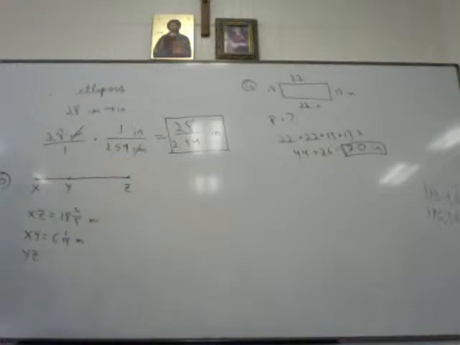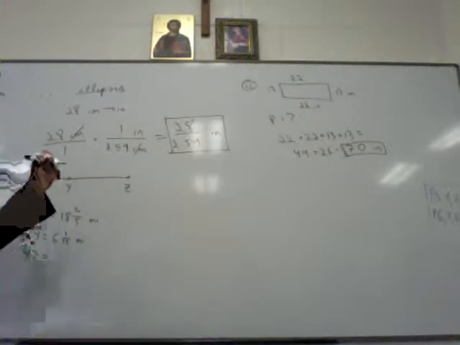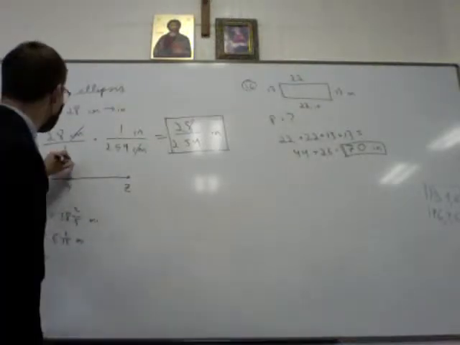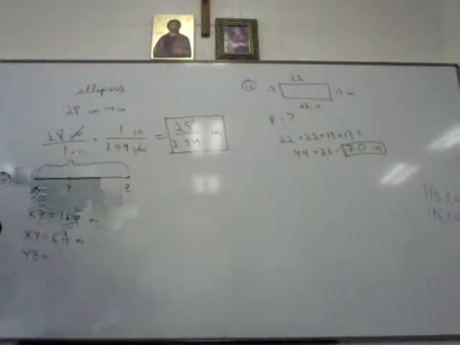Now, look at the image here. How can we find the length of YZ given the lengths of XZ and XY? What are we going to have to do? Let's be careful. XZ is this whole measurement here. Where's YZ that we're trying to get?